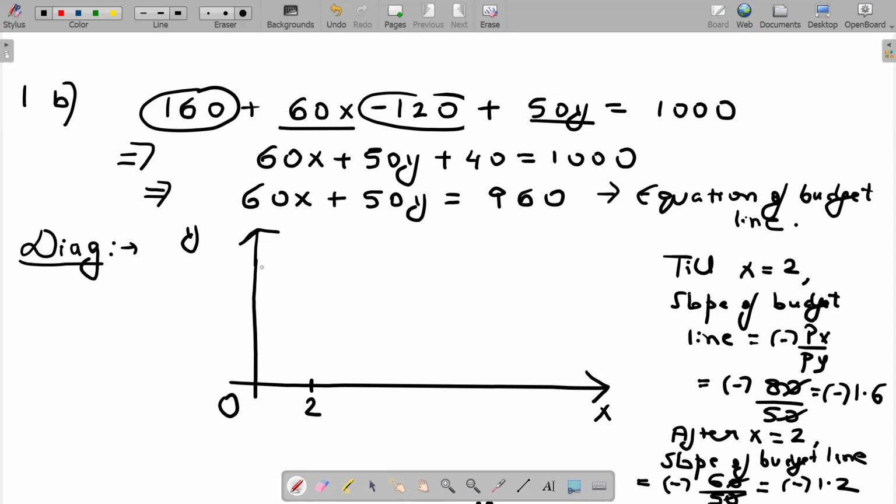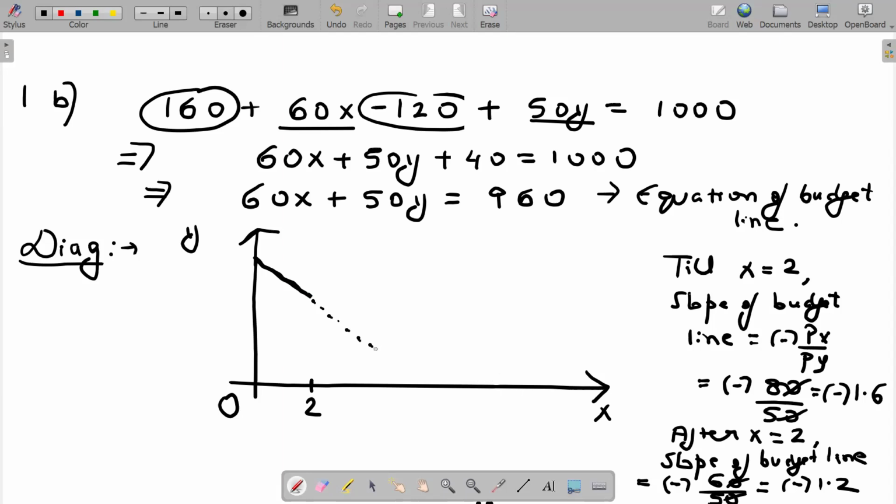So my budget line is going to look like this. Till 2, it's going to be steeper. And after 2, it's going to be flatter. So somewhat like this. Okay. So if it's not looking flatter, let me try and make it look a bit flatter.